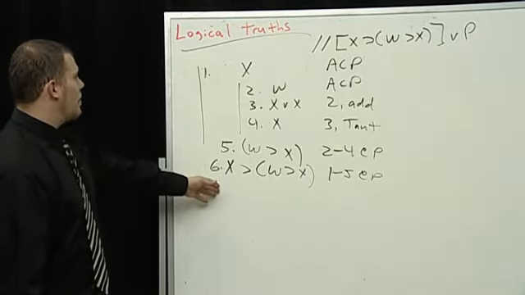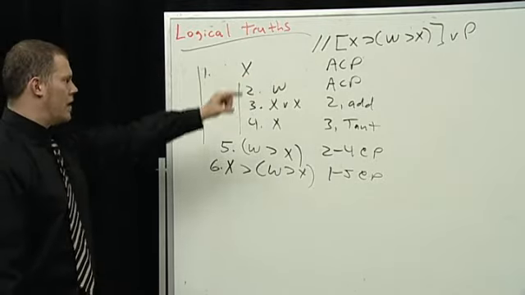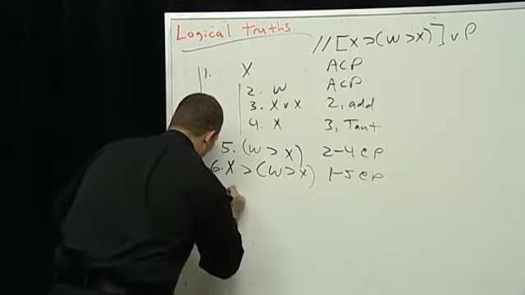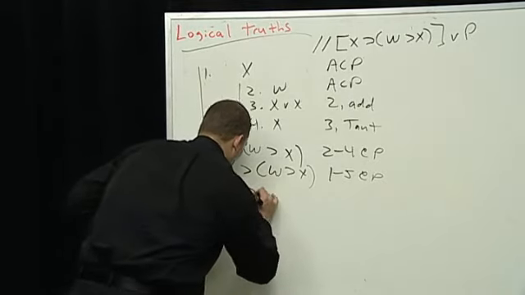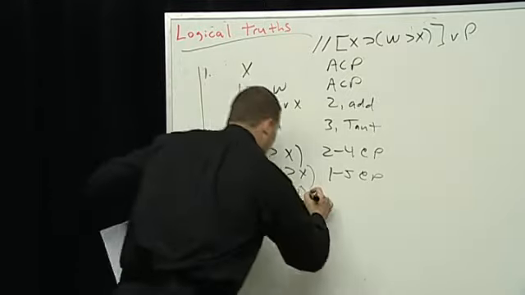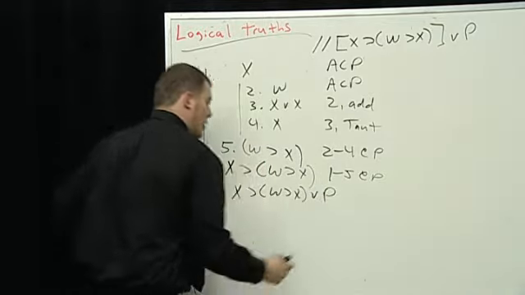Okay? Now you can probably see I'm almost done with the problem at this point, because by the rule of addition, if I want that P, all I got to do is add it in there. So at line 7, I've got X implies W implies X, or P by rule of addition.